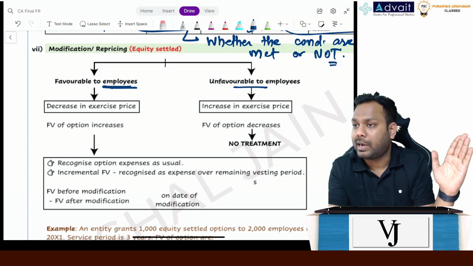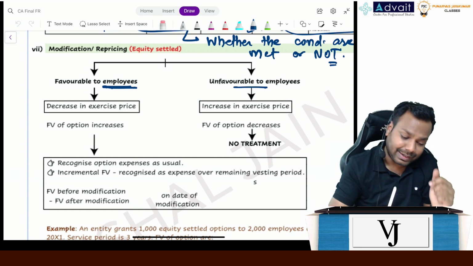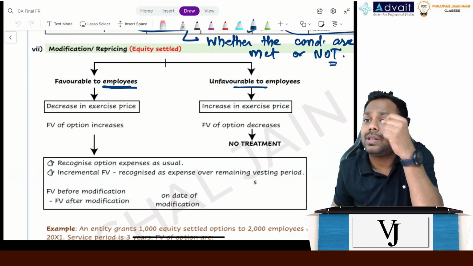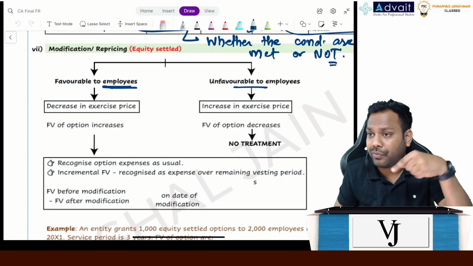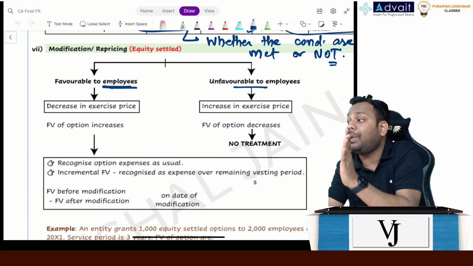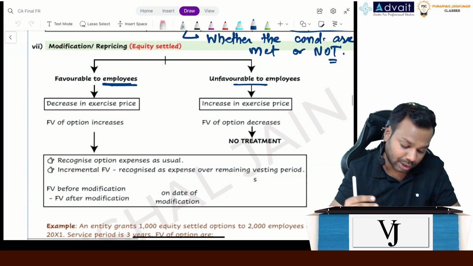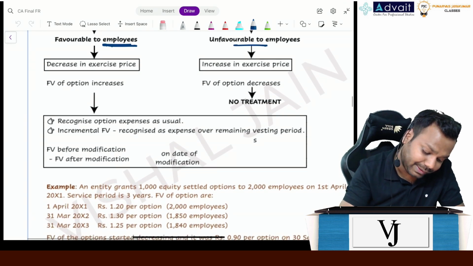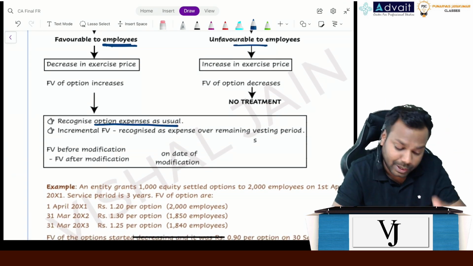There is no change in that, not a single change. But just calculate the change in the fair value due to this modification, which you apportion over the remaining vesting period. Now see here, it says recognize option expenses as usual, which you are doing normally.